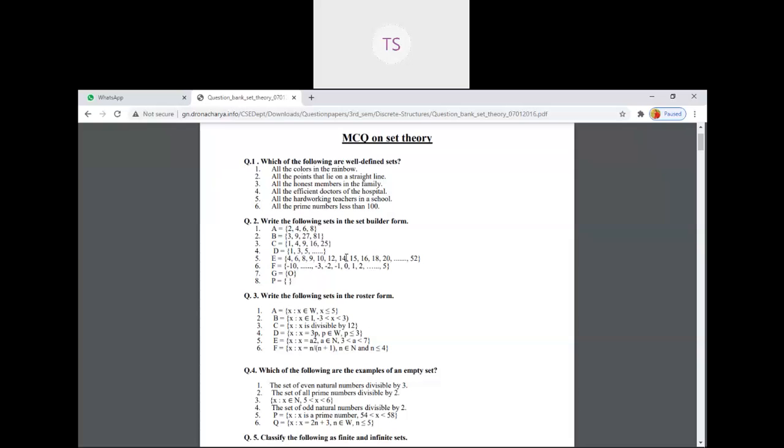Okay, so next, the last one: P is equal to, now what is this? Only the curly bracket is given. So what is the name of this particular set?